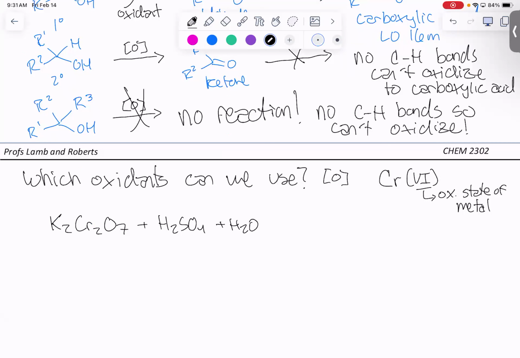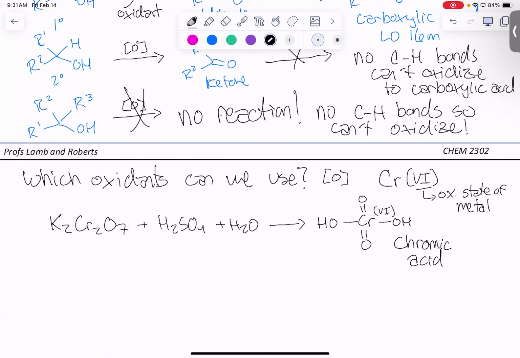In our solution, this is what we add in. And when we add this in, what we form at the end of the day is chromic acid. This is our chromium 6 oxidation state, and that's what we form.